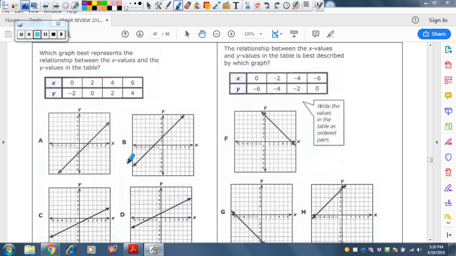These take up a lot of room, like it's going to be one problem on the whole page, and that makes it look scary, but it's not bad. So you are going to match the table to the graph. So I'm going to look for 2, 0. So starting at the origin, I'm going over 2 and up and down 0. Well, that one checks out. Starting at the origin, over 2, up and down 0.